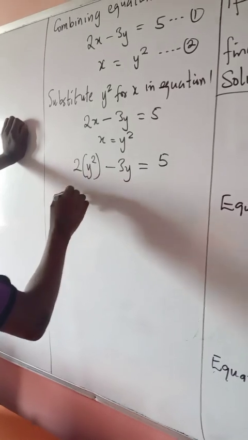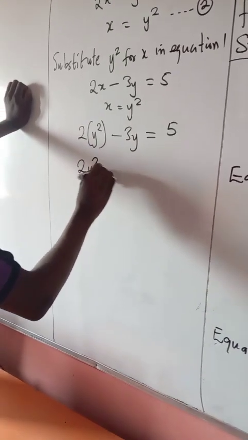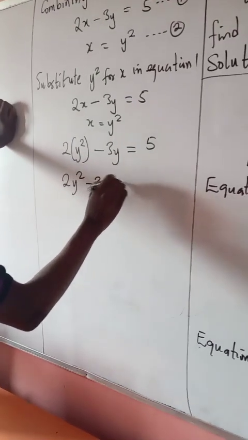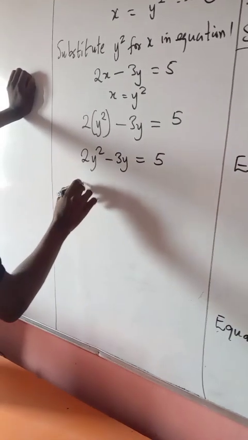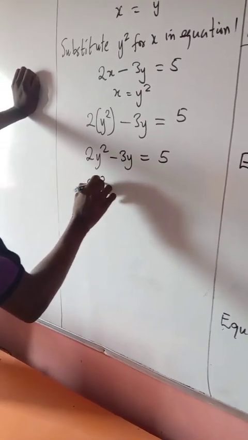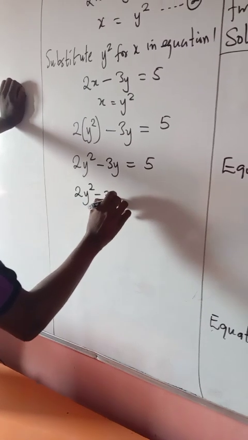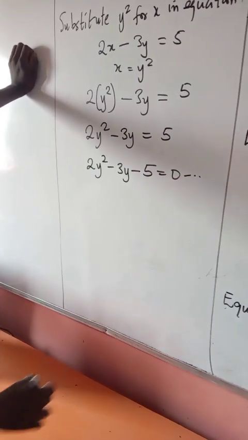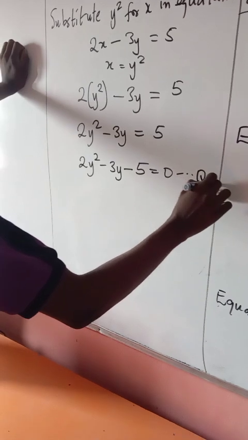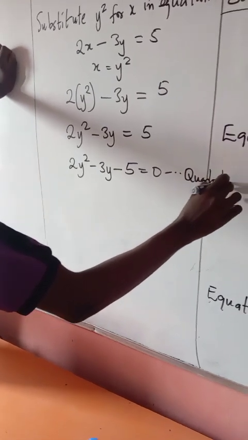So 2 times this, that's 2y square minus 3y is equal to 5. Take 5 to this side, then we have 2y square minus 3y minus 5 is equal to 0. So this gives us a quadratic equation.